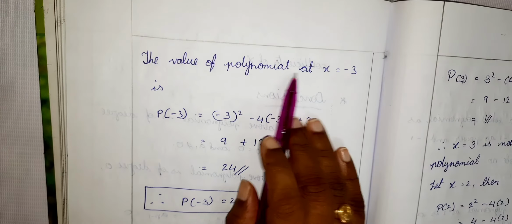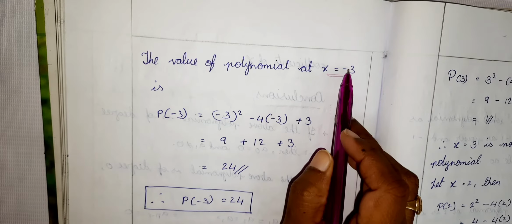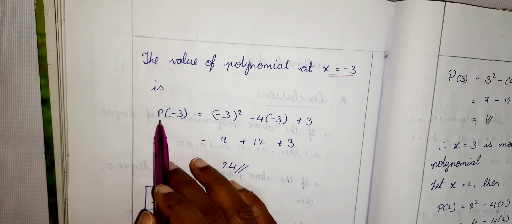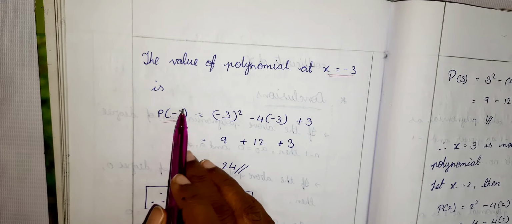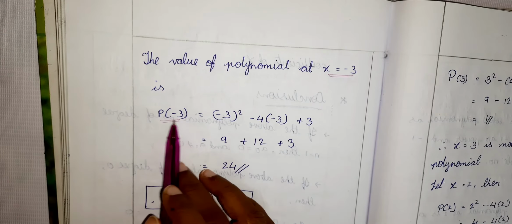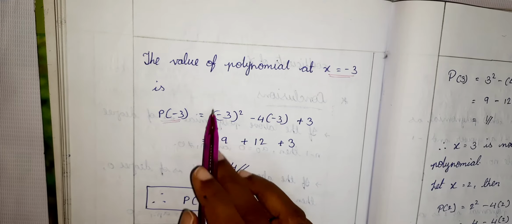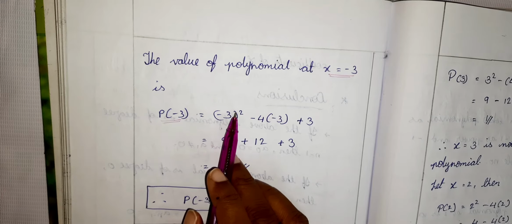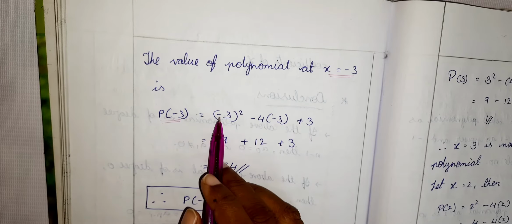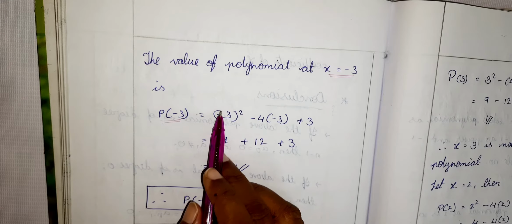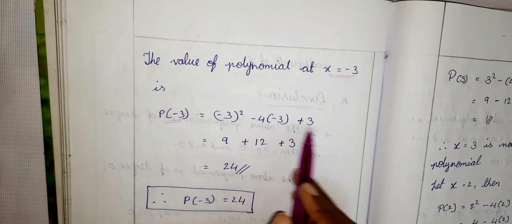So here x is equal to minus 3. That means we assigned a value to x, so we define that as p of minus 3, a polynomial with the variable value as minus 3. Now the value of this is equal to, substituting in the polynomial x square minus 4x plus 3, minus 3 in place of x: minus 3 whole square minus 4 of minus 3 plus 3.